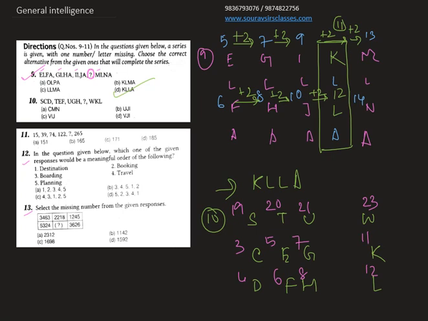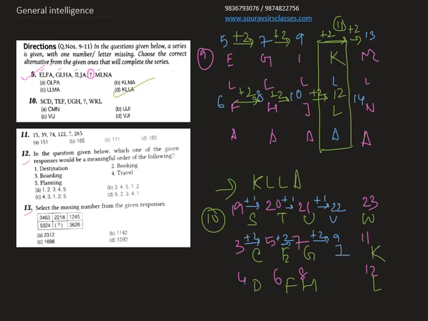So as we can see in the first row, if we add 1 to each number, then we get the next one. Therefore, in the second place we have number 22, and corresponding to 22, our required alphabet is V. In the second row, if we add 2 to each previous number, then we get the next one. Therefore, in the vacant place we get 9, and the required alphabet is I.